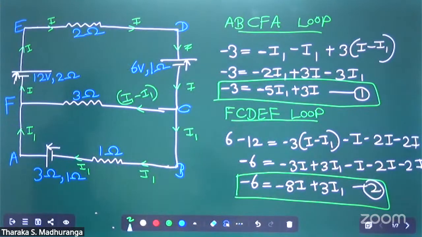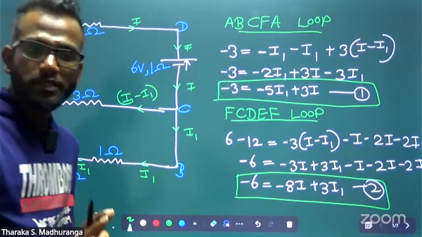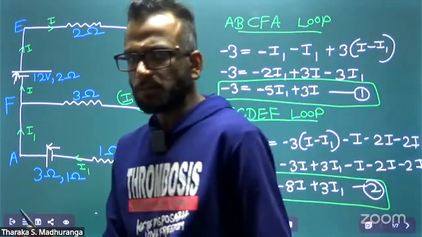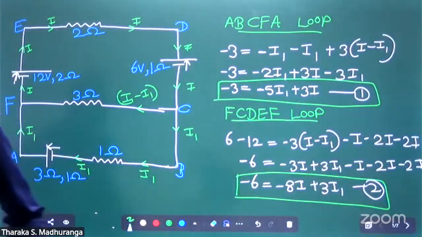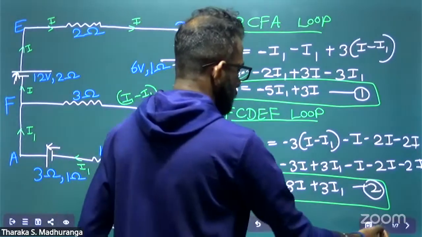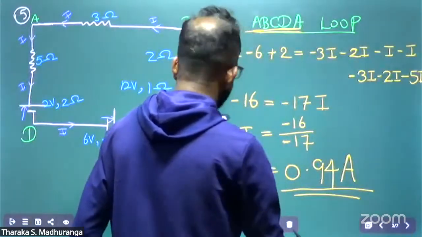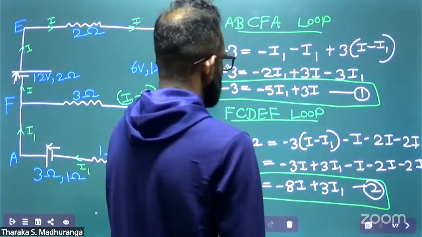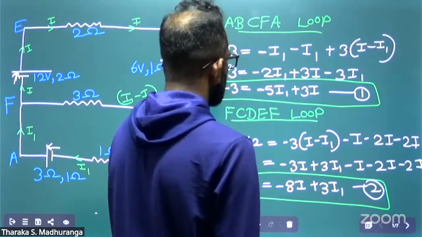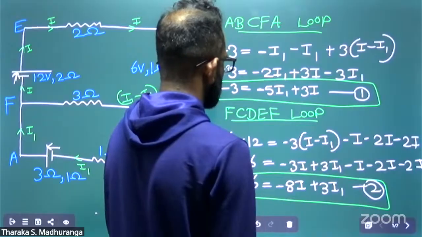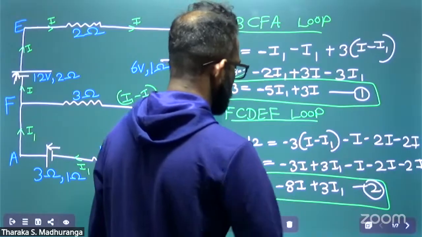Okay, according to your selected loop, your equations can be changed. According to your loop, but I and I1 come with the same values. That cannot be changed. This is my two equations.